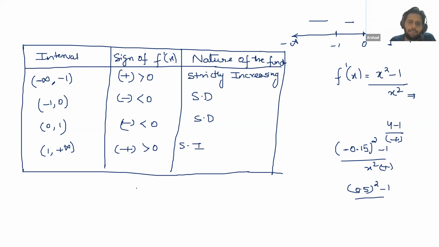Now analyze this part. It is strictly increasing for which intervals? Minus infinity to minus 1, and 1 to infinity.